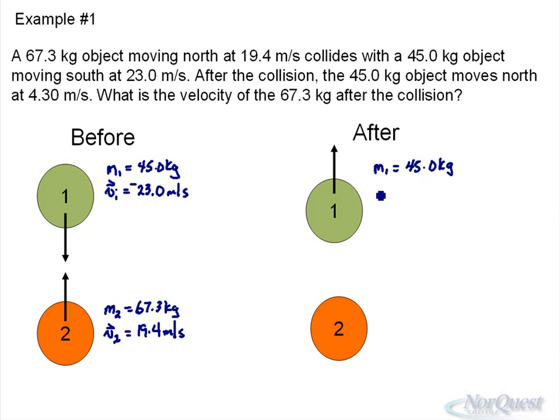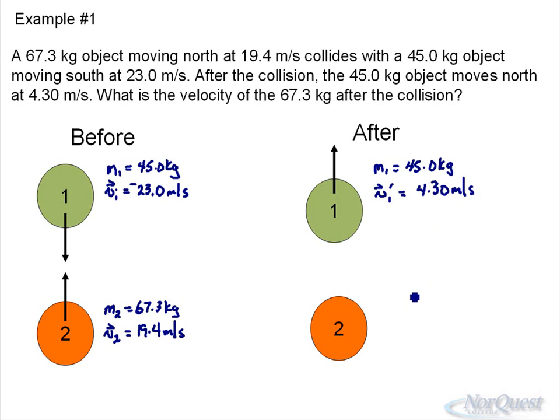Mass is always conserved. It moves north, and I'm going to use a little prime sign to indicate after for velocity. So the velocity of object 1 after is 4.30 meters per second. Notice I'm going to put that in as positive because I chose up to be positive.